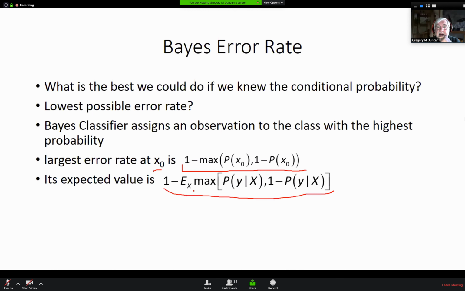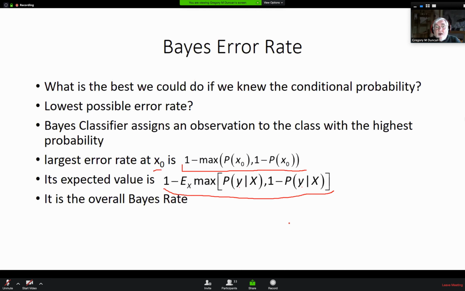is given by that, when I make sure that I'm noting that this is y, this is y conditional on x, and then I sum in the population over all of the x's.